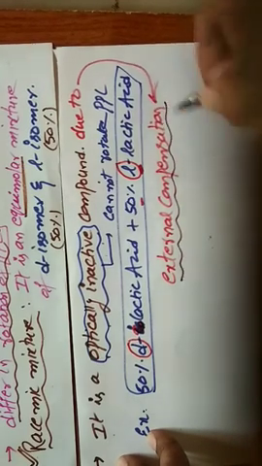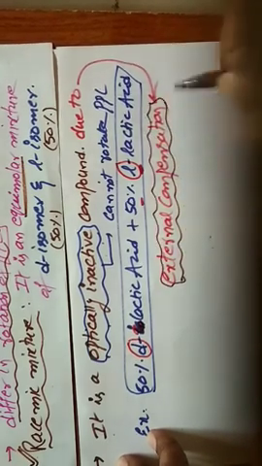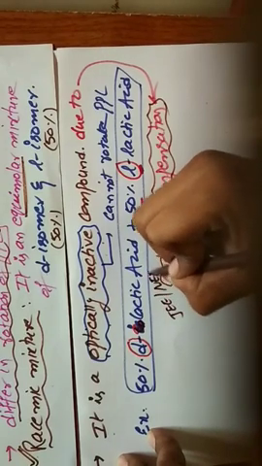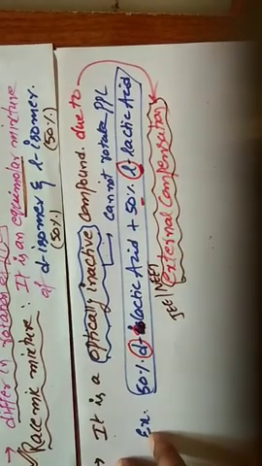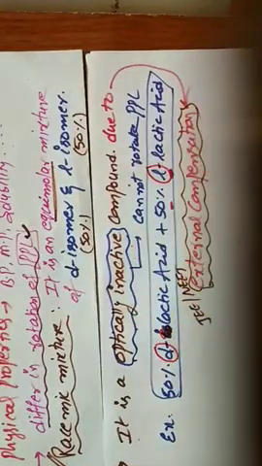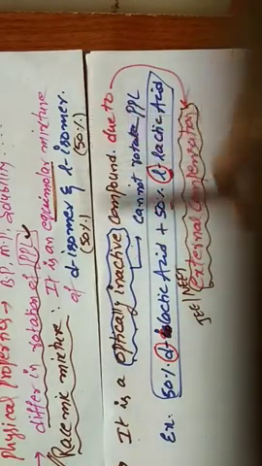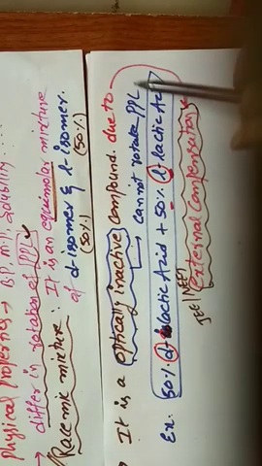This external compensation is very important for JEE or NEET. Okay, so this is the racemic mixture topic. Racemic mixture is an equimolar mixture of D isomer and L isomer. It is optically inactive due to external compensation.